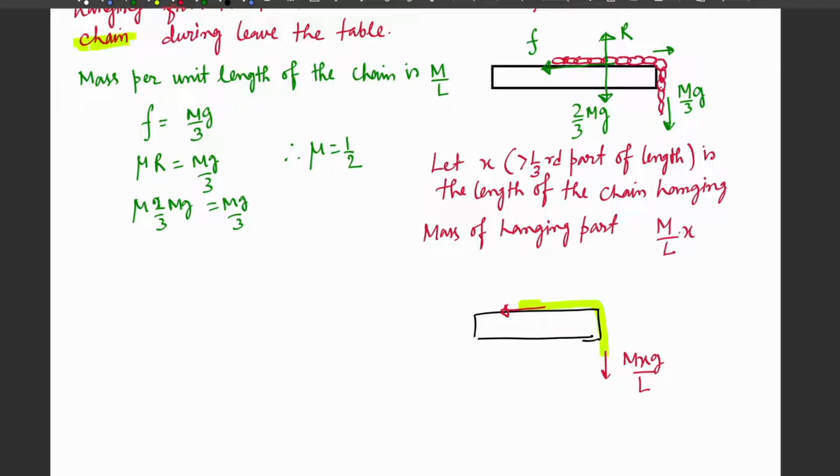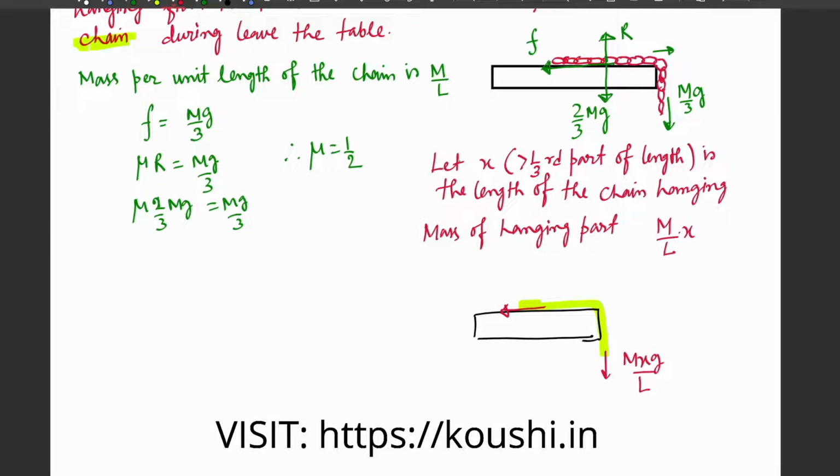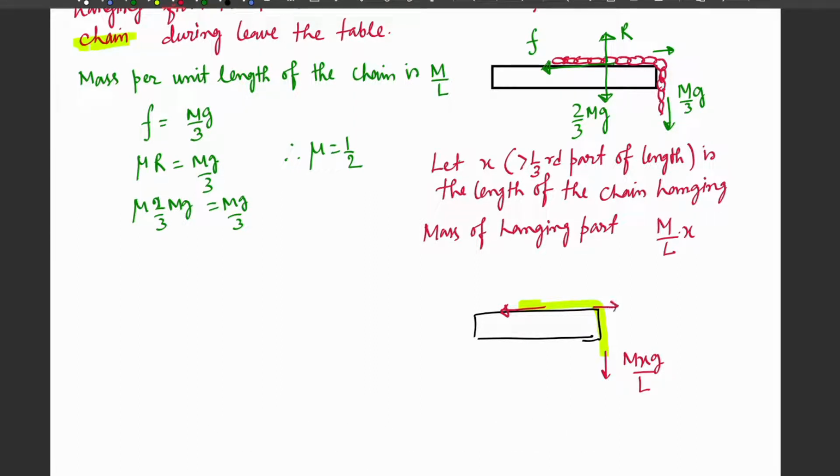This same weight, that means mg x by l, provides a pulling force on the remaining part which is on the table. Therefore, in this direction the same force mg x by l is acting, and in the opposite direction friction is acting.